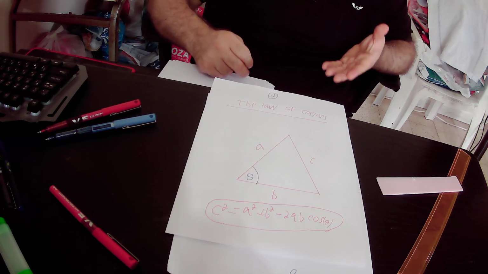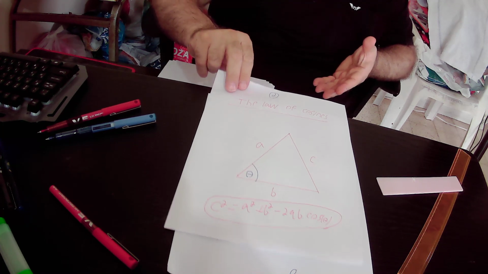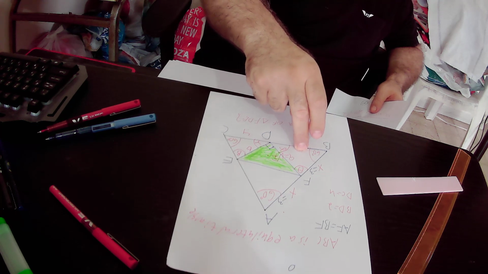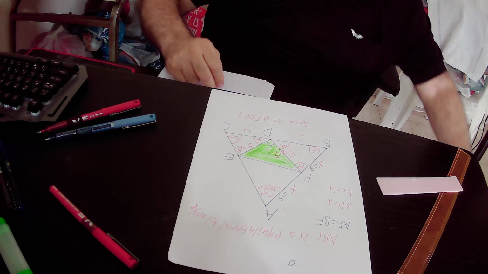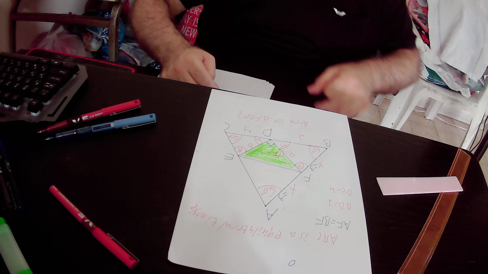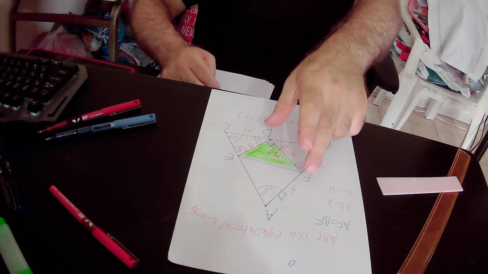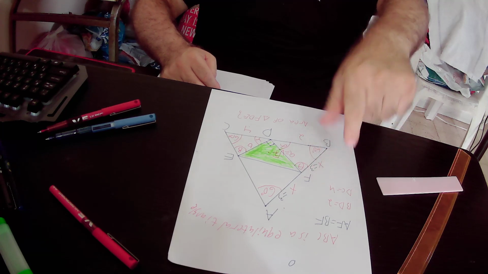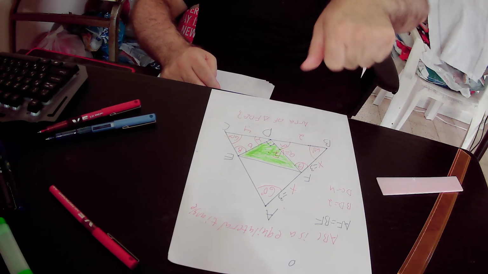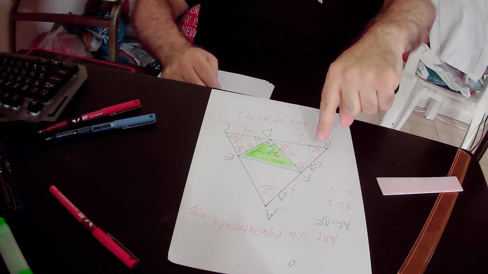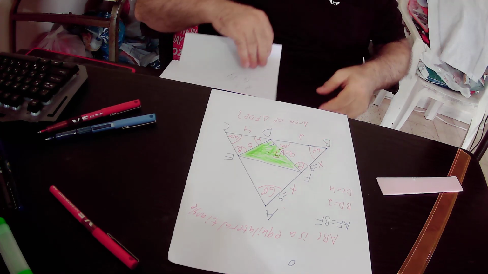So we implemented the law of cosines in the small triangle BFD. FD squared equals BF squared plus BD squared minus 2 times BF times BD cosine 60 degrees.